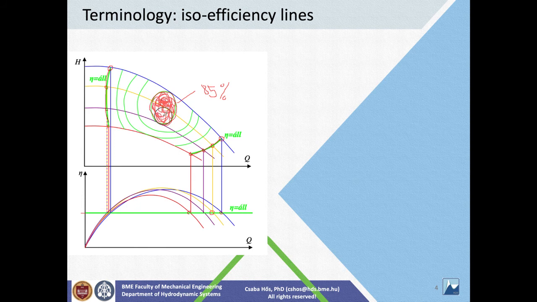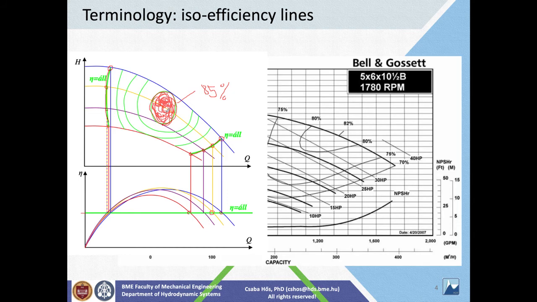This is important because it shows which head and flow rate regions your pump works in with good efficiency. For example, this is a case of a true head curve. I'm sorry about the mistake, but you can clearly see that these are the ISO efficiency lines here.